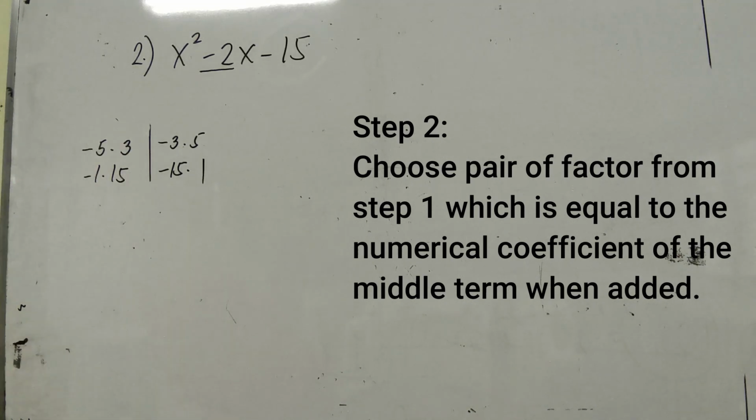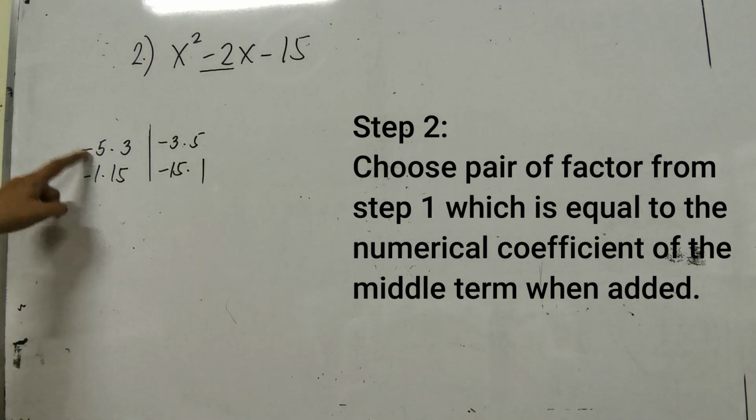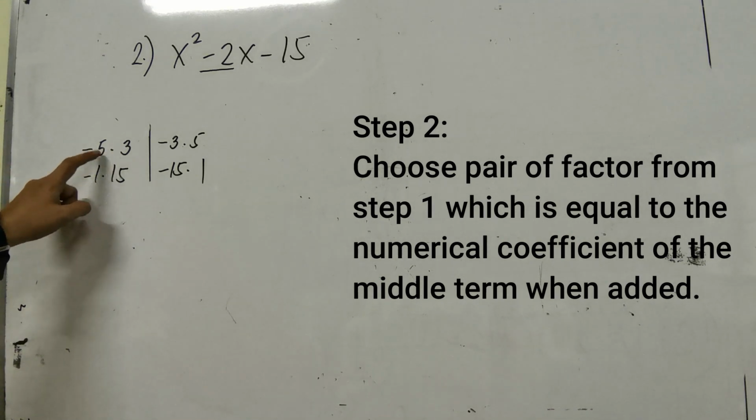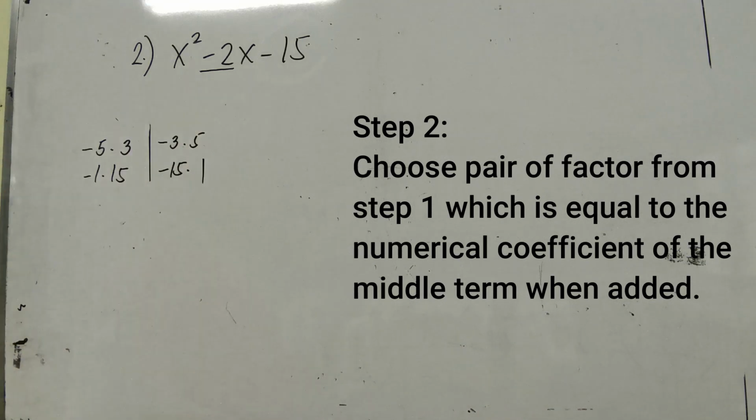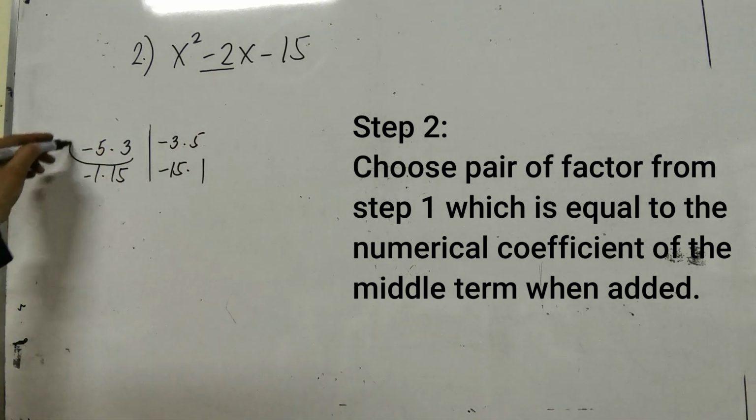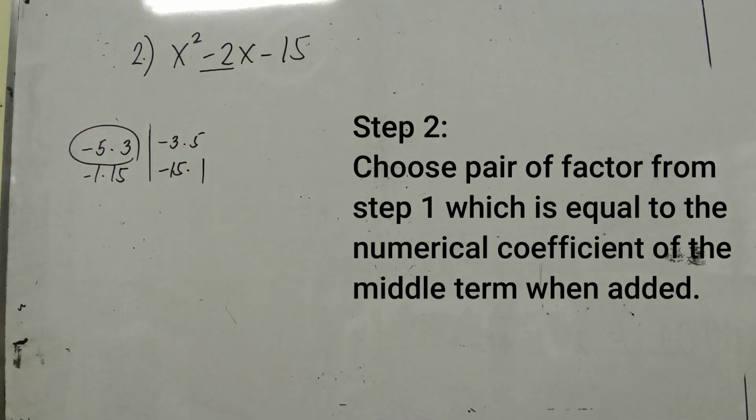So, pag magkaiba ng sign, mina-minus natin, then ikakopy natin yung sign ng mas malaking number. Ibig sabihin, pag inad natin to, the answer is negative 2. So, encircle na kaagad natin. Then, so ito na yung ating step 2. Napili na natin ano yung factor na pag inad ay negative 2.